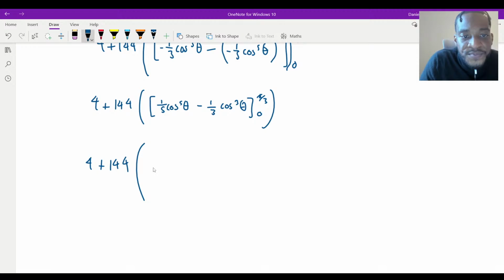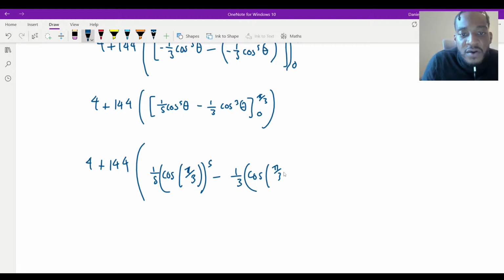So it's going to be 1 over 5 cos pi over 3 to the power of 5, like that, minus 1 over 3 cos pi over 3 to the power of 3.